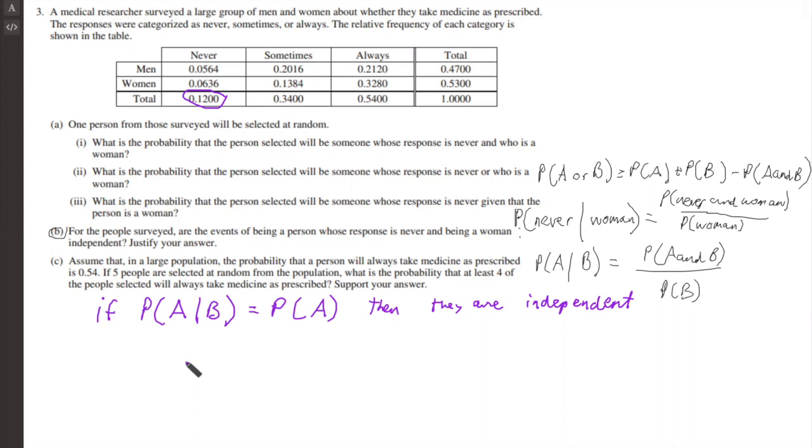Couldn't you take the probability of never times the probability of woman, and see if it's equal to the probability of never and woman? Is that another way to do it? So 0.12 times 0.53, and since that equals 0.0636.